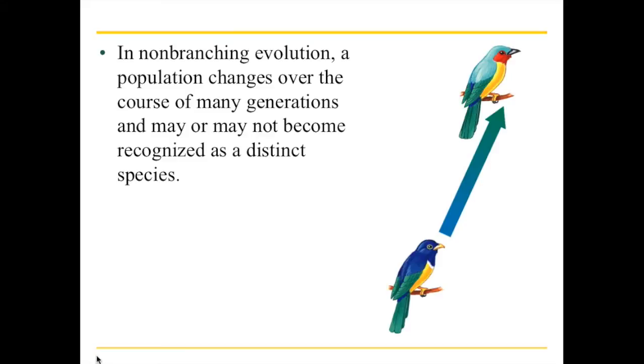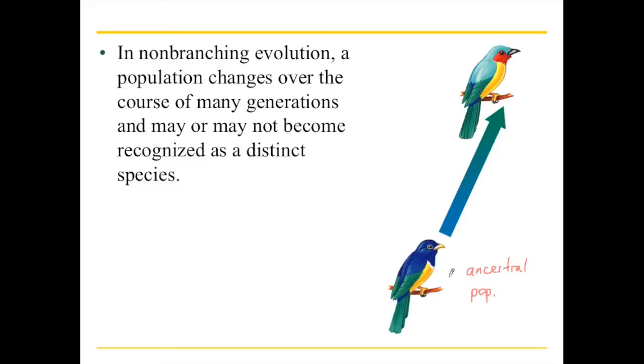This is non-branching evolution. And in non-branching evolution, you would take the population that you begin with. Here, we may call this the ancestral population. And this ancestral population exists in an ancestral environment.